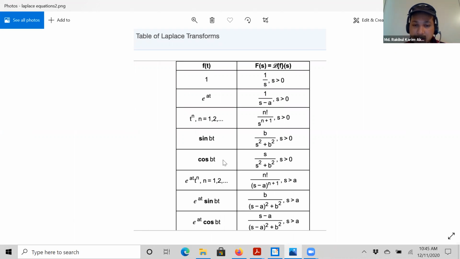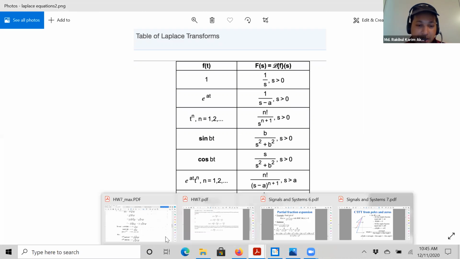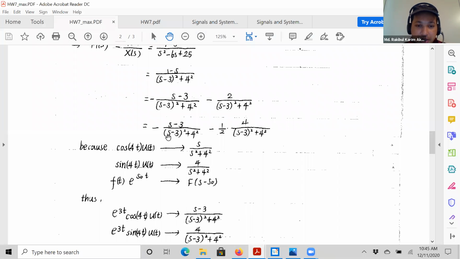If it is a cos, in the numerator it is s, in the denominator it is b square. That's why we are trying to write everything as s square plus b square. Like here, b is 4, s square plus 4 square. In both cases, this is s square plus b square.